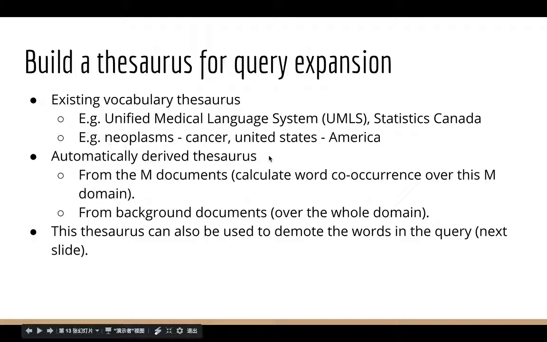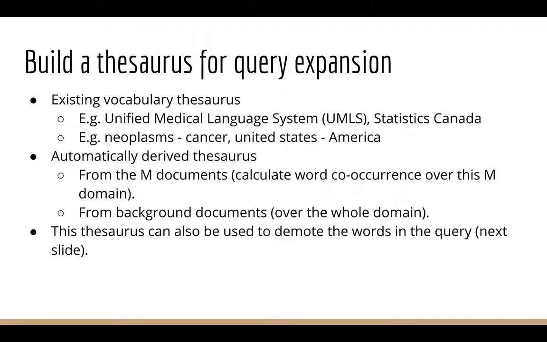Actually, we tried to automatically derive this thesaurus, but it turns out that this is pretty much like the Rocchio algorithm if we use the maximum likelihood algorithm or a similar algorithm. So in practice, at least for now, this is not very much used by us.